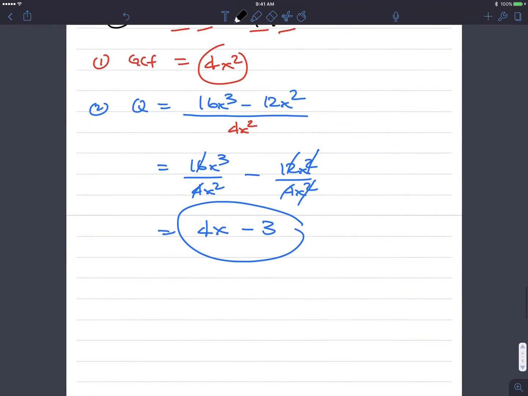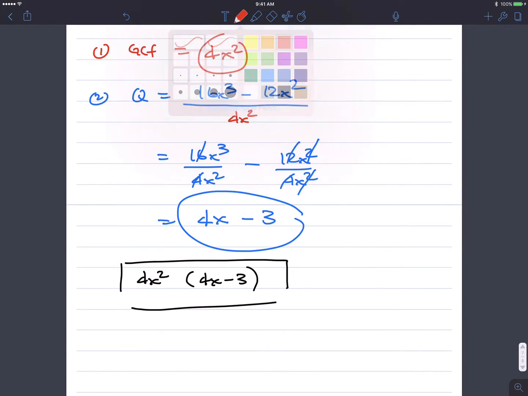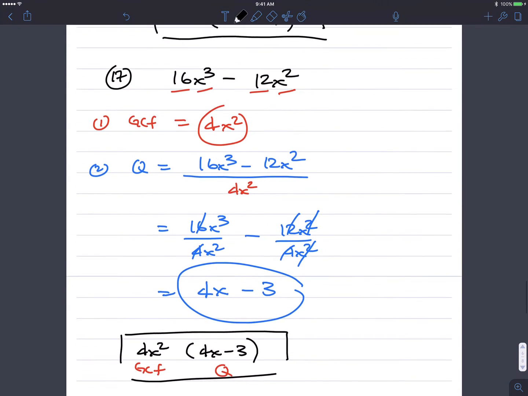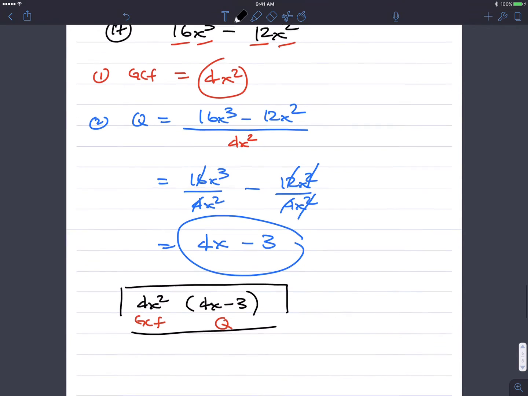Last step, your answer will be 4x squared times 4x minus 3. Okay, you factored out, again, the greatest common factor. Here's your quotient. This is number 17. Okay, what do you guys think? Is that easy or is that hard? Let's try 19.